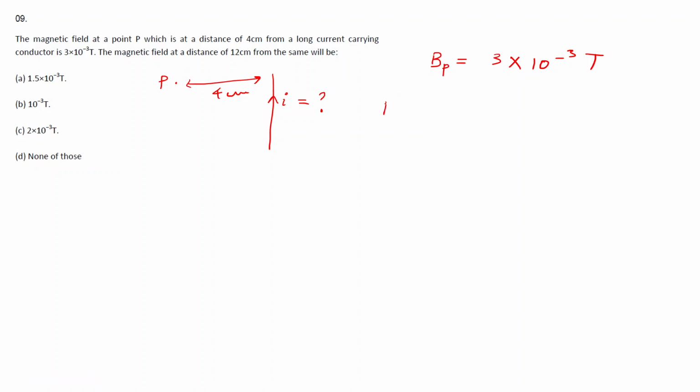Since we know that magnetic field at any point from a given current carrying wire is given by the formula mu naught over 2 pi times the current divided by the distance. This is the formula. Here, at point P the value is 3 millitesla, that is 3 times 10 to the power minus 3 Tesla. Now substituting the value of mu naught, which is 4 pi times 10 to the power minus 7.